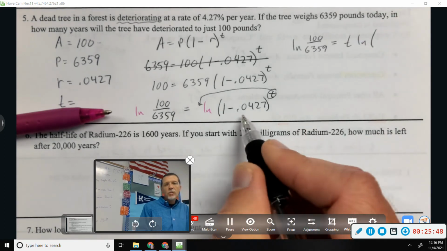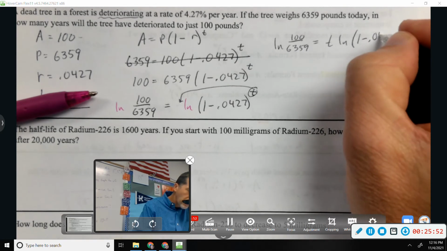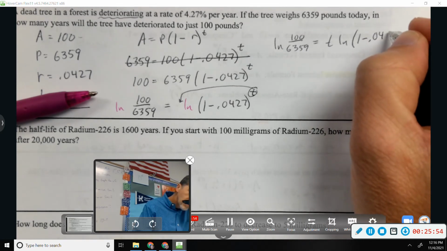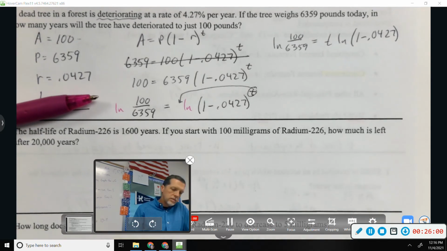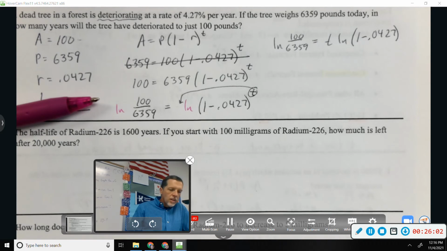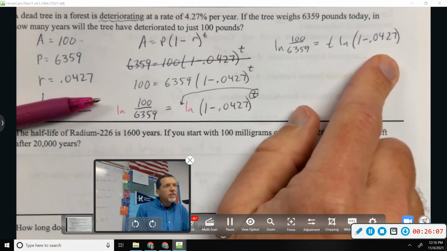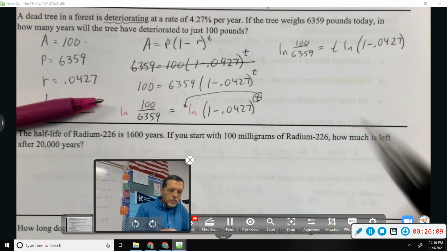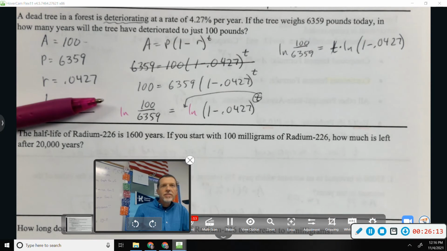And again, the 1 minus, you could subtract that in the calculator if you want, or you can just keep carrying it around as 1 minus 0.0427. Okay, natural log of an ugly number equals t times natural log of another ugly number. But we're about to go to the calculator. What do I need to do to get t by itself?